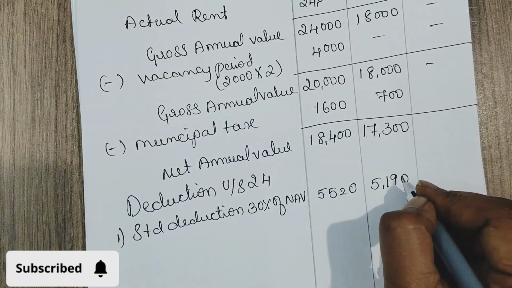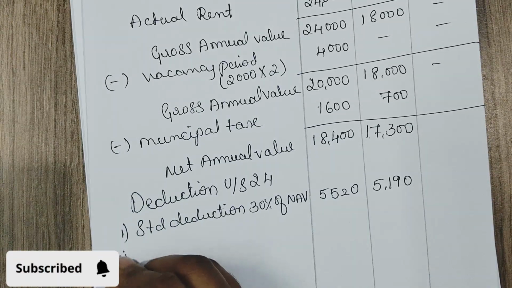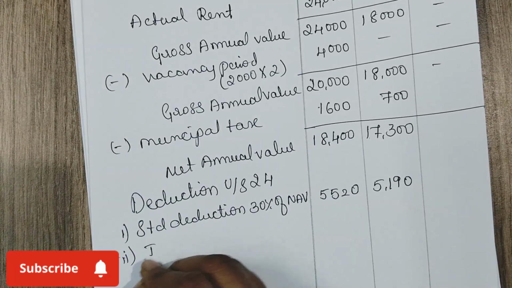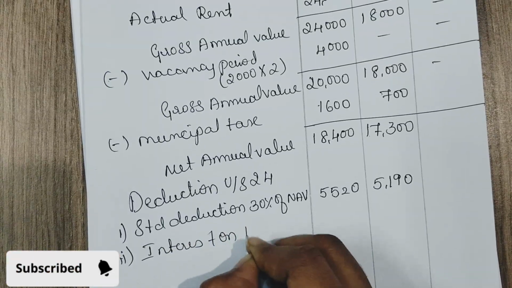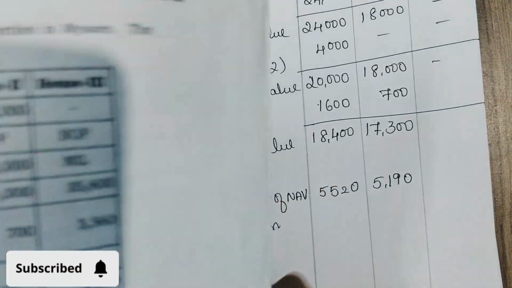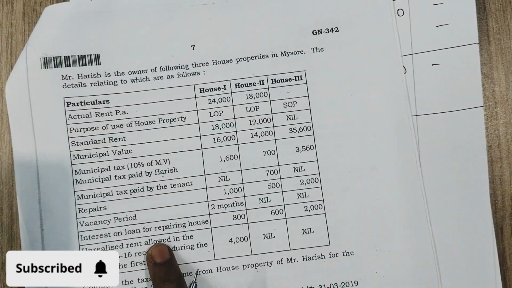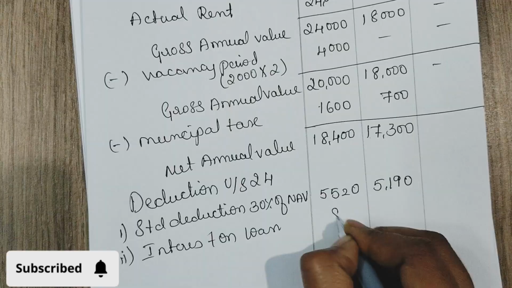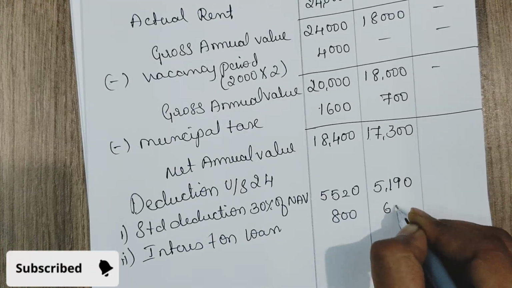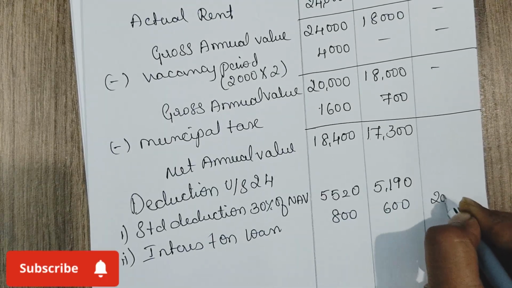Then there is the interest on loan, that is our second deduction. Interest on loan for repairing the house 800, 600, 2,000.